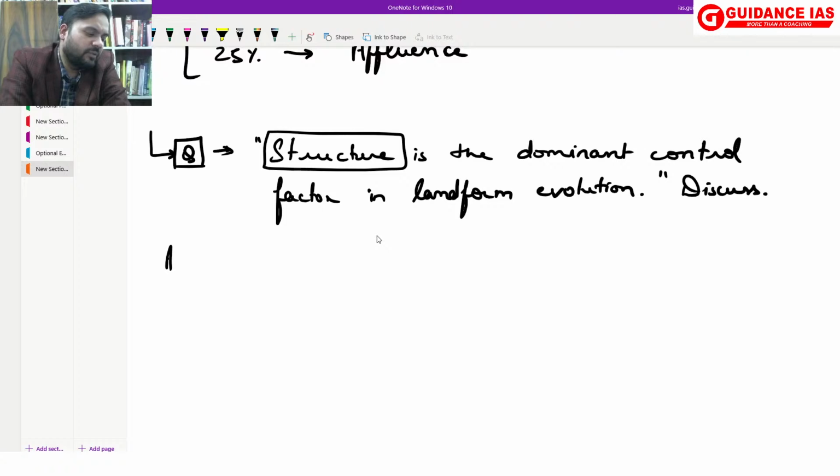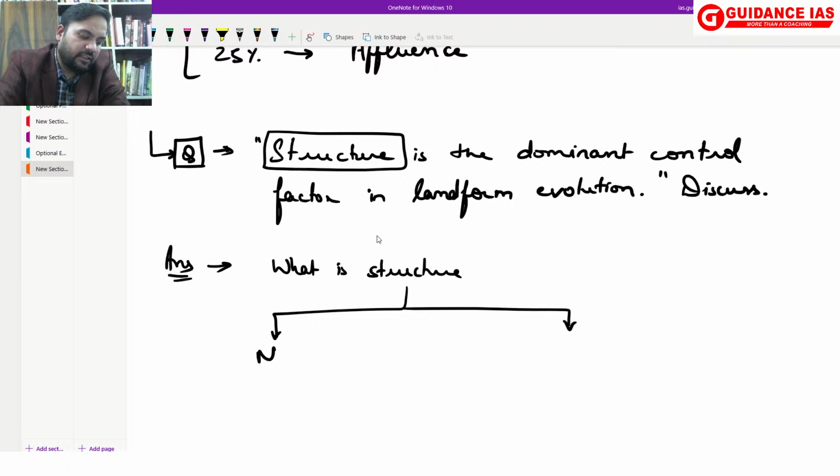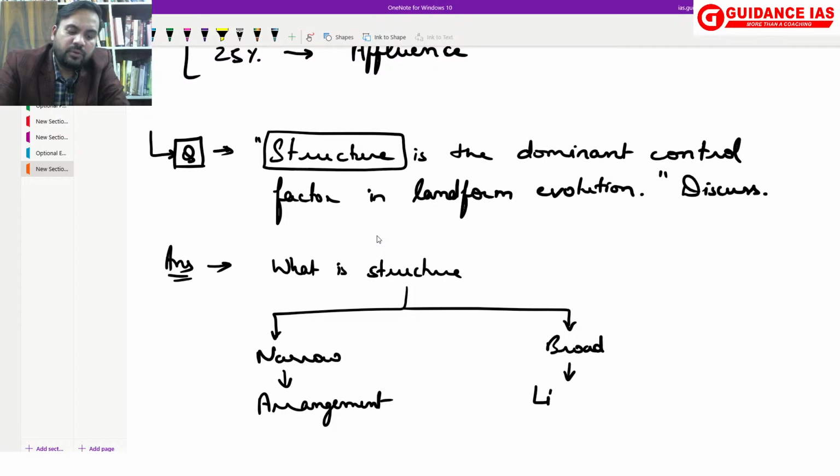In this answer, what you will do, you will start with explaining what is the meaning of the term structure in geomorphology. So structure in geomorphology has two meanings. One, in narrow sense, it only refers to the arrangement of rocks, but in broader sense it refers to three aspects.